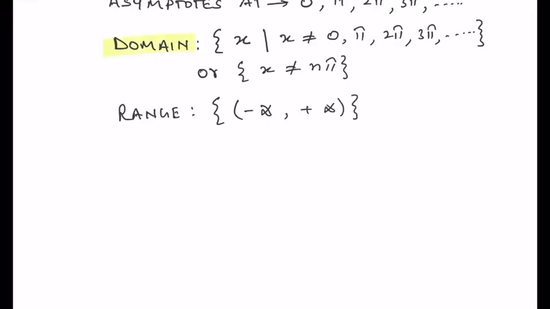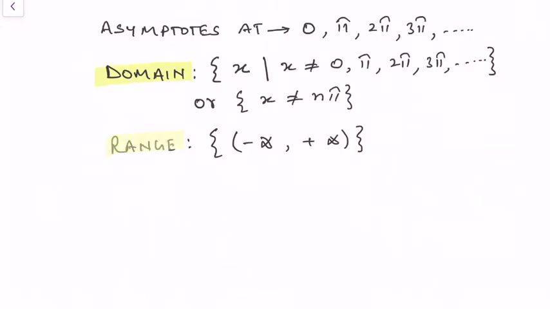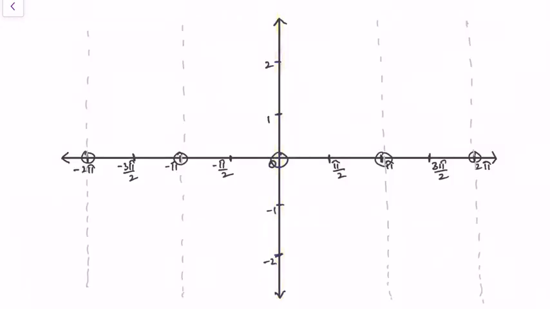So for domain, x can be any real number except n pi, and its range is from minus infinity to plus infinity.